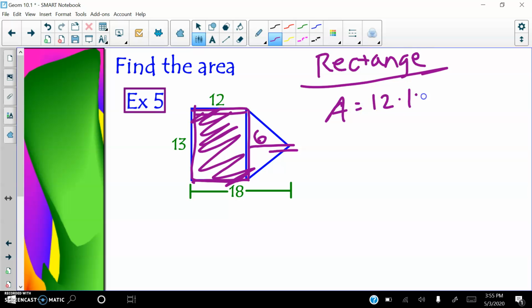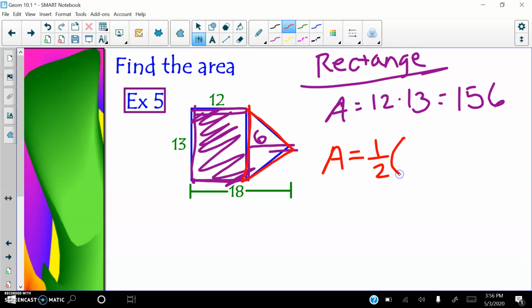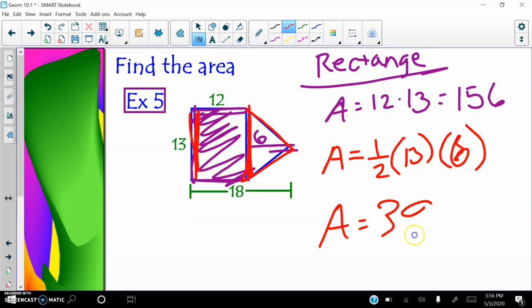So 12 times 13, the area of that is 156. And then if I want the area of this triangle, I know the height is 6, 1/2, but the base is the same as this base right here. So 13 times 6. 1/2 times 13 times 6 is 39.